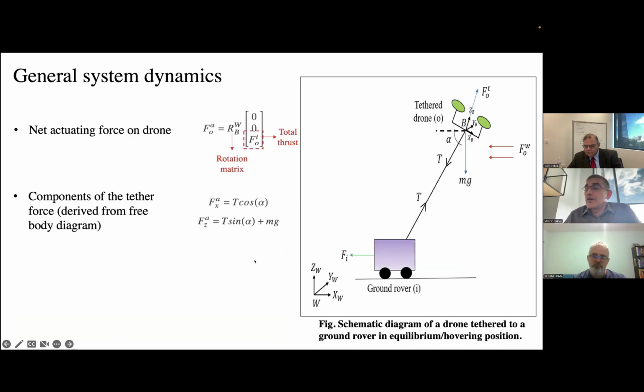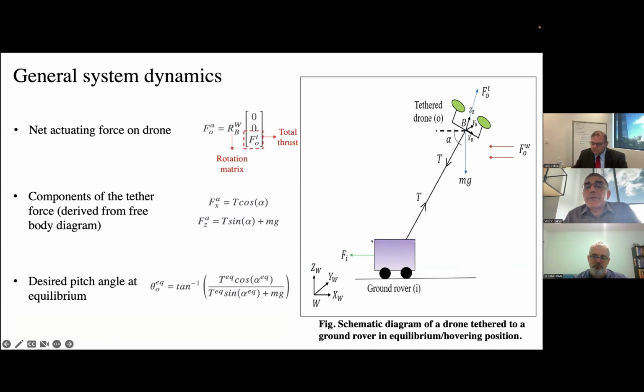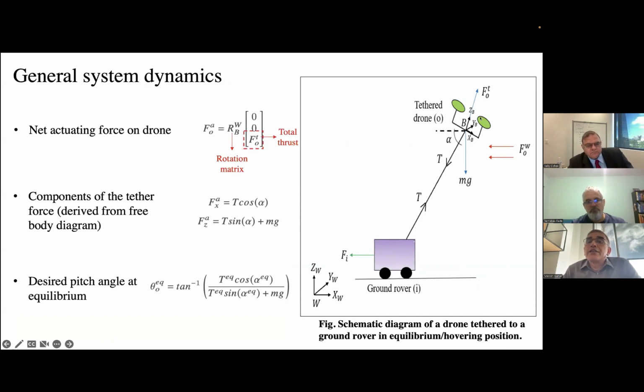Going on to the dynamics over here, I will quickly go through this. You have the rover here attached to the drone via this string, which is tight. And so you have forces acting here due to tension in the string, and that is used as force feedback, with a force sensor attached here in this situation.